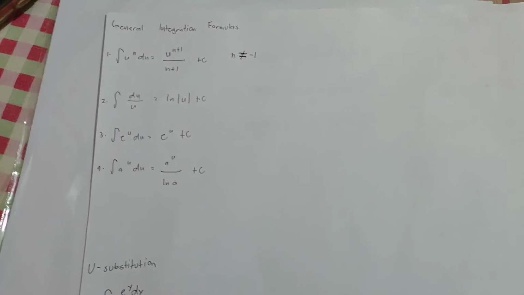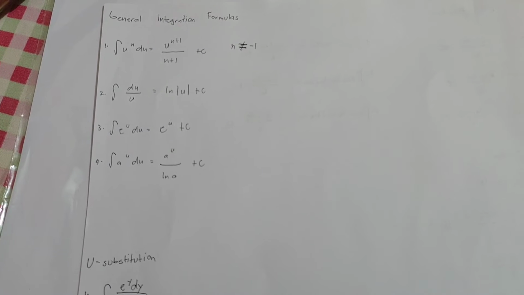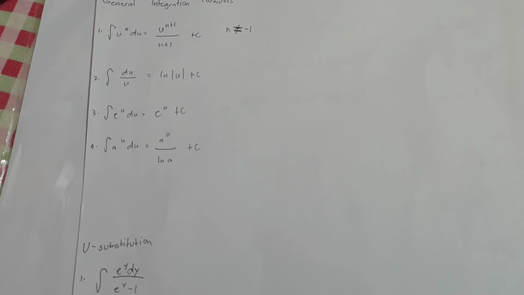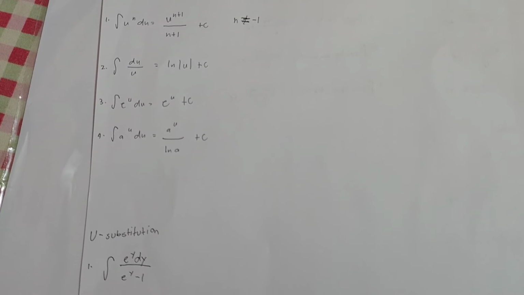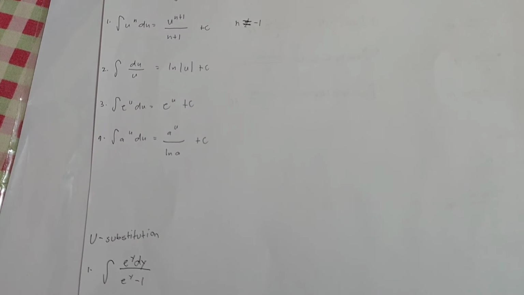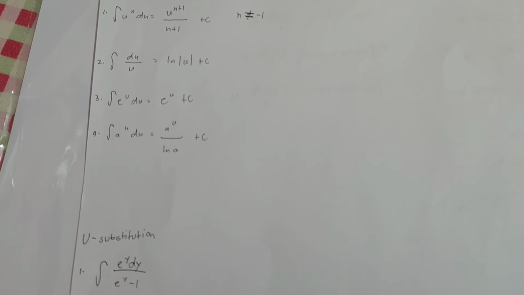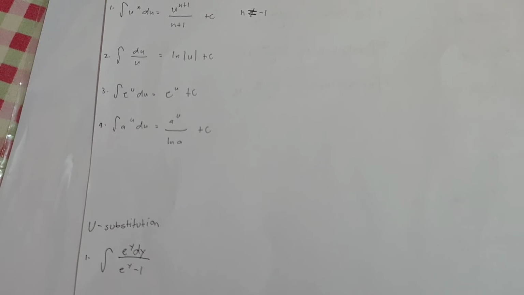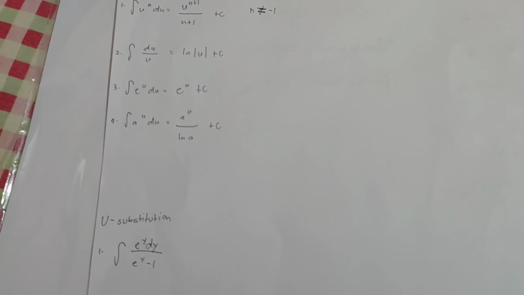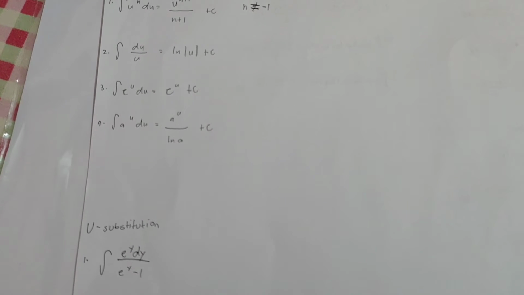Number 2 is the integration of du all over u is equal to ln of the absolute value of u plus c. The third is the integral of e raised to u du is e to the u plus c. And lastly, the integration of a raised to u du is equal to a to the u all over ln a plus c.